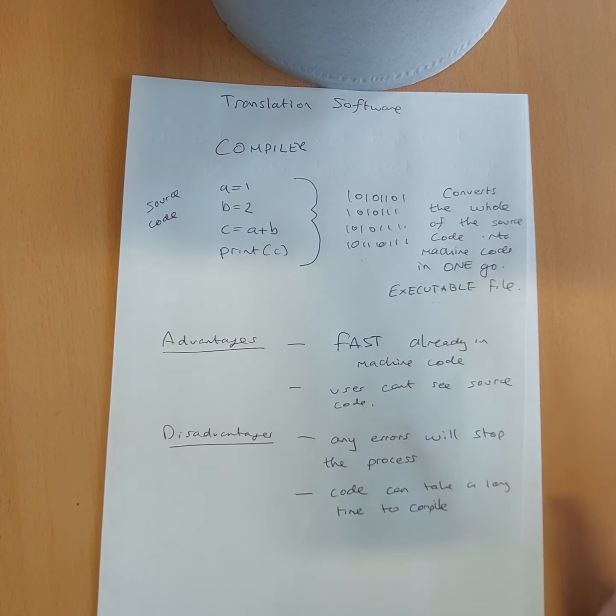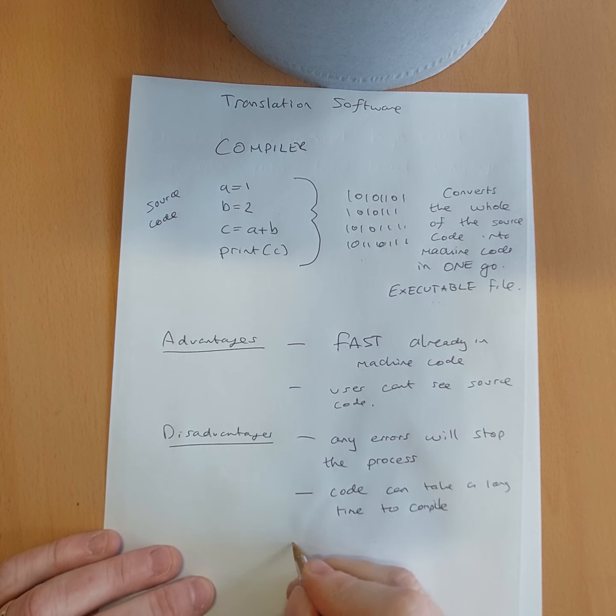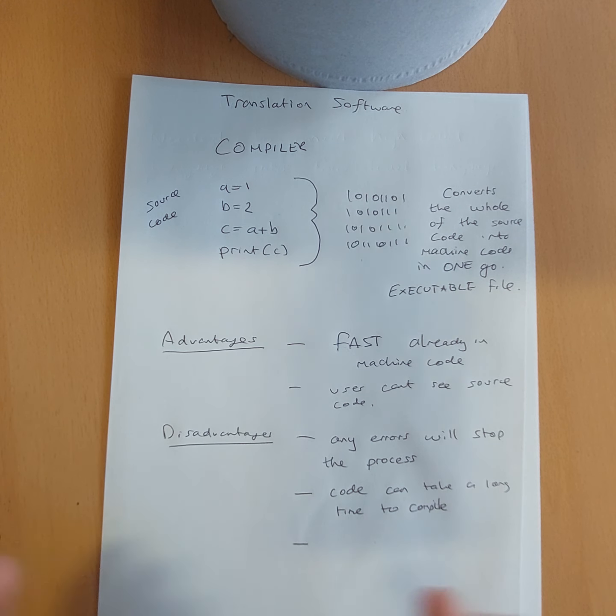One final disadvantage of the compiler that I will mention here is that all computers are different. The machine code is different on lots of different computers, so Windows computers, Apple computers, Android computers. What that means is you have to have a different compiler for each computer.